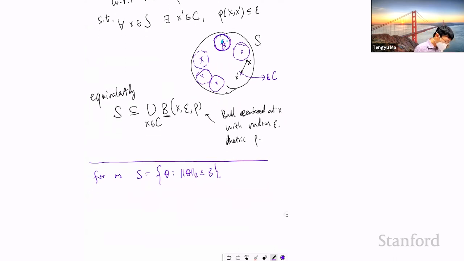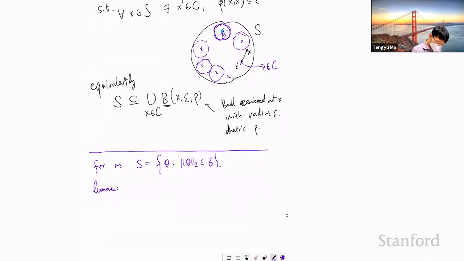So here is a lemma that says that you can do this, and you can have a finite C, and also a reasonable bound on how many points there are in C. Let's define this to be theta, where theta is defined as above.